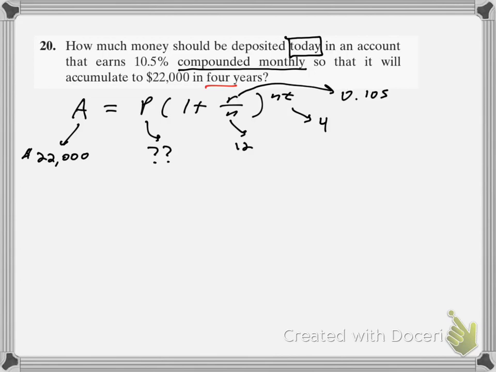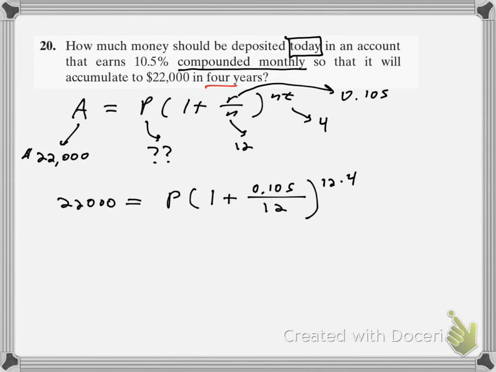So this is 22 grand is equal to P, which I am trying to find, my present value. What do I have to invest now in order to get the 22,000 later? That'd be 1 plus 0.105 over 12. And then my N is 12 times 4, which is my time.